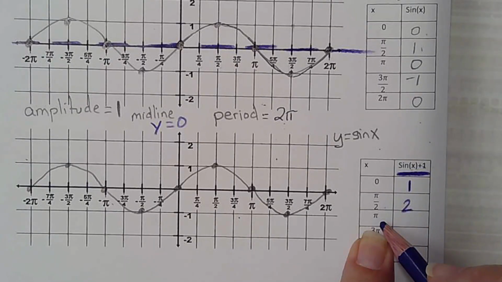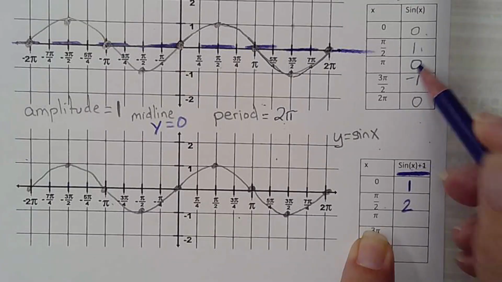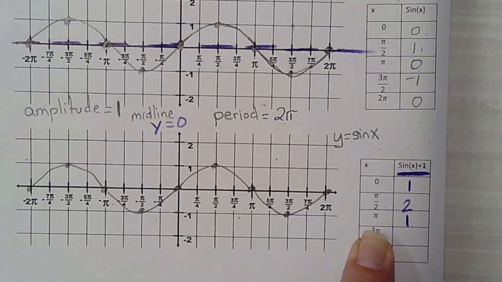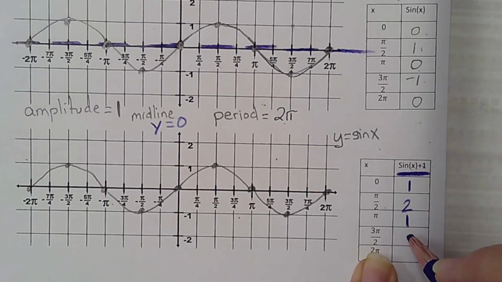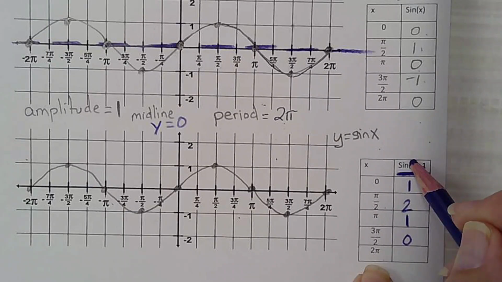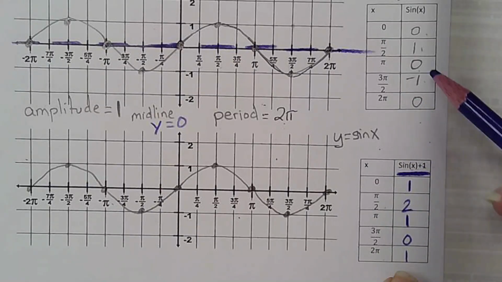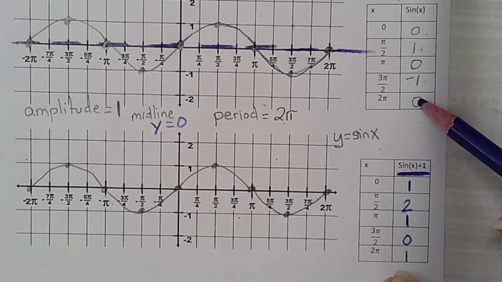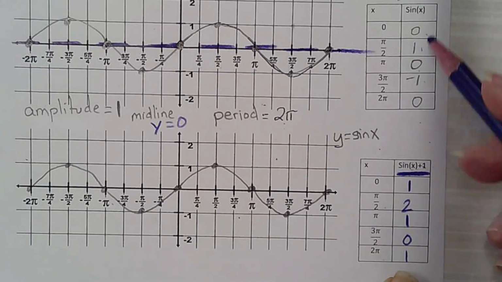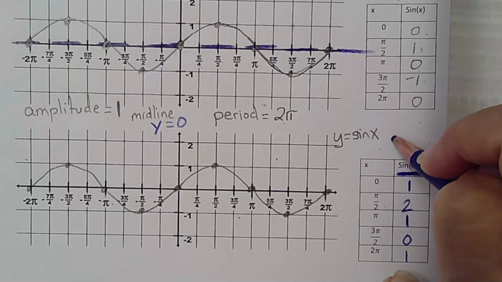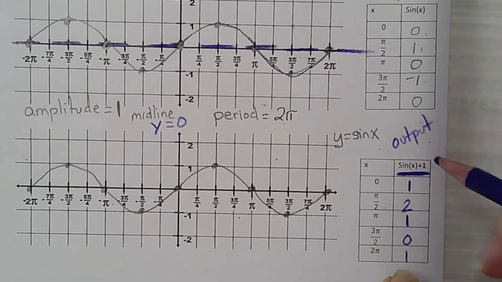If I plug in pi, the sine of pi is 0, plus 1 is 1. If I plug in 3 pi over 2, the sine of 3 pi over 2 is negative 1, plus 1 is 0. And if I plug in 2 pi, the sine of 2 pi is 0, plus 1 is 1. If I compare my two tables, what happened to my outputs? Did all of my output values increase by 1? So my output, which is on my y-axis, increased by 1.